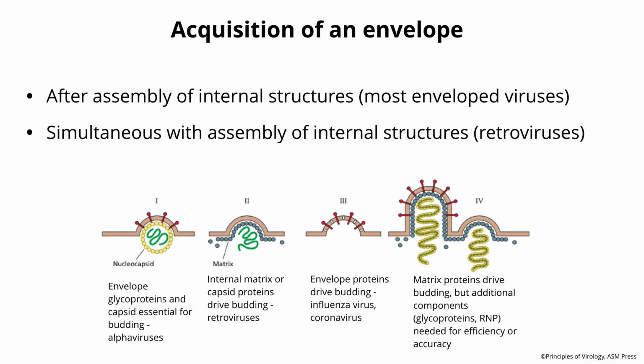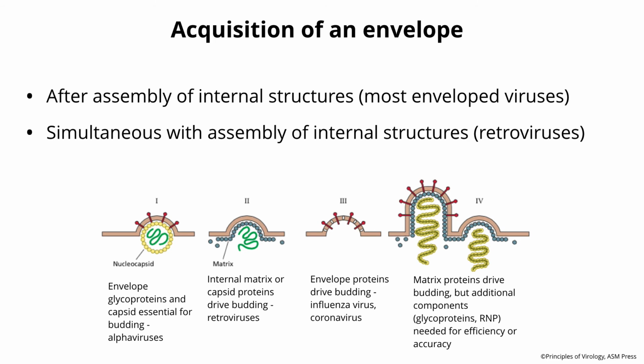And it doesn't work for every virus, but when it does, you're lucky, because you basically get a lipid vesicle with an HA in it, no infectious genome, and that can be very immunogenic. And finally, the last example, the matrix proteins drive budding, but sometimes you need ribonucleoprotein there as well. So the point here is that the budding process is driven by viral proteins, different combinations of them.